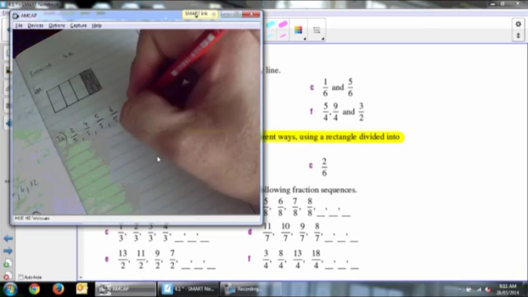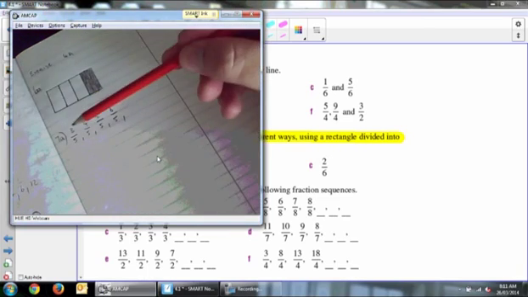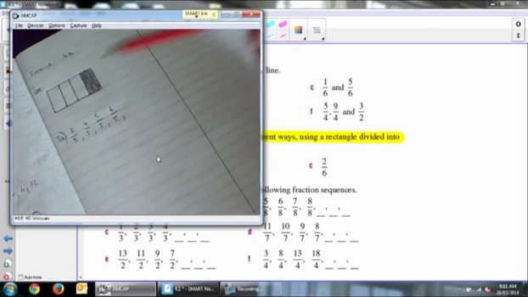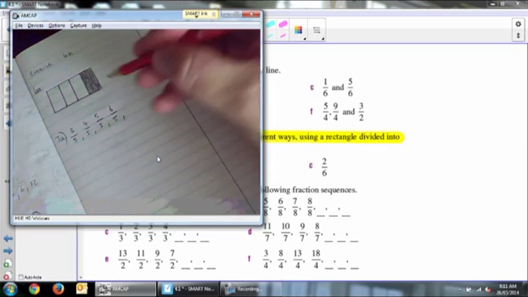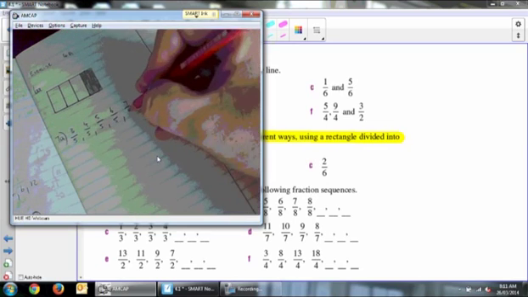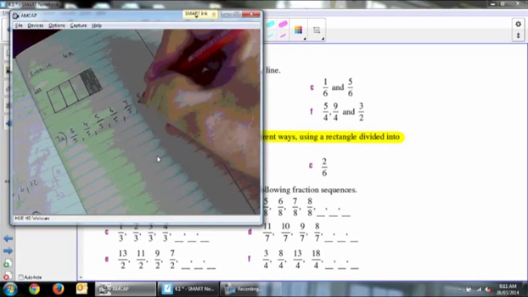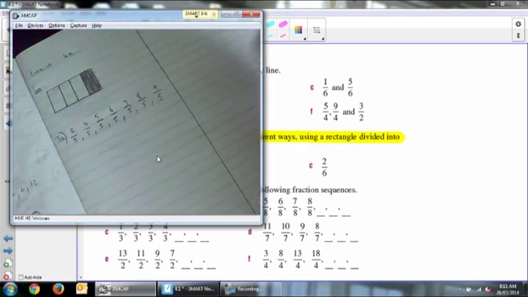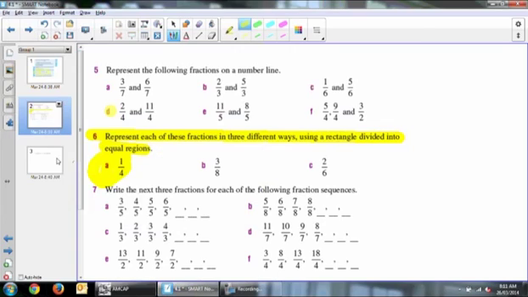Now, obviously, the numerator, which is on top, is going up by 1. The denominator is staying the same. So all we need to do for the next 3 is go 7/5, 8/5, and 9/5. Okay, that's how you answer question 7. So just some normal pattern sequences there.